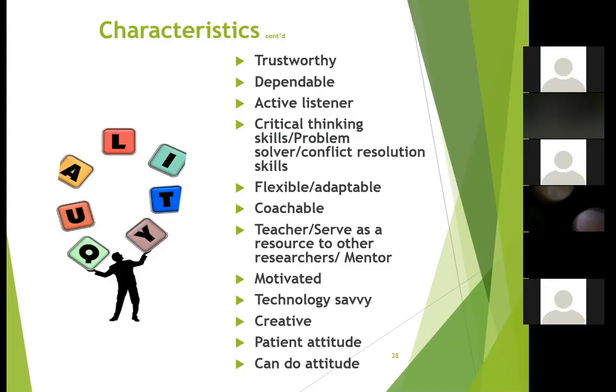Whether we're listening to our subjects, other team members, our PI, whoever the case may be. We have to be flexible. We have to serve as a resource for others. We need to be creative when issues crop up. And we have to be patient, and we have to have, of course, a can-do attitude.